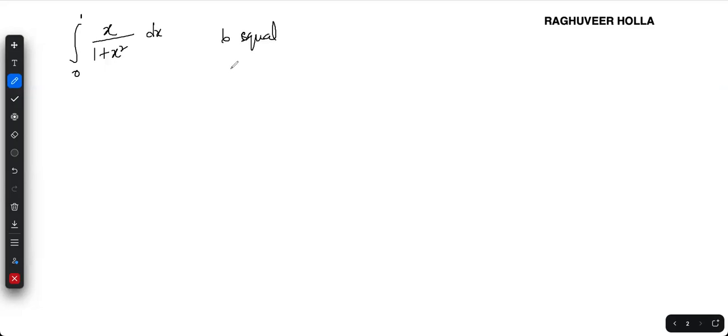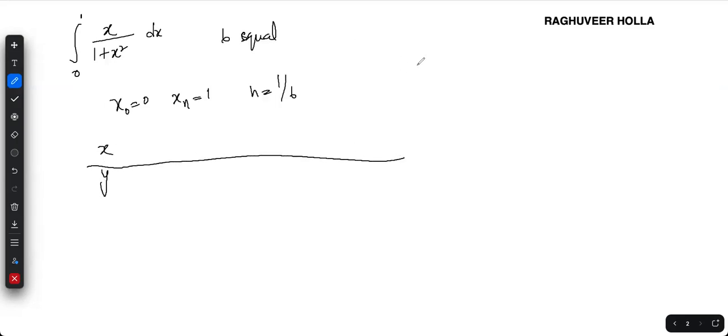When you compare this, x naught is 0 and xn is 1. So h is xn minus x naught over n, which is 1/6. So x and y: your y will be x by 1 plus x square. For x equal to 0, y will be 0.